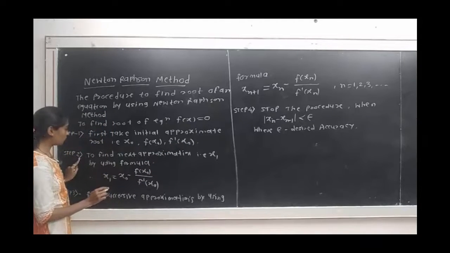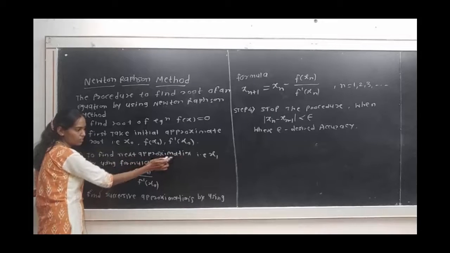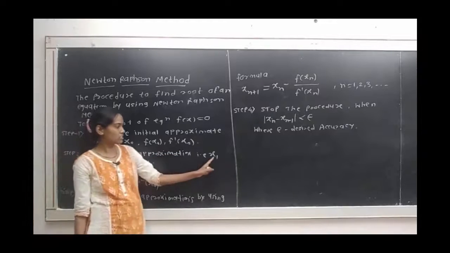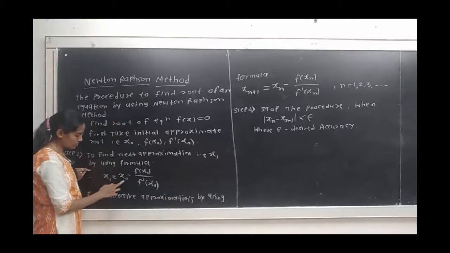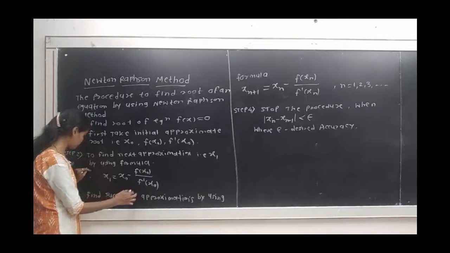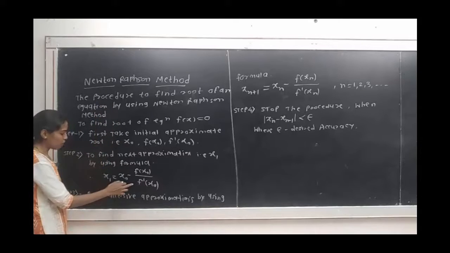Then step 2, to find the next approximate root, we take it as x1, by using the formula x1 is equal to x0 minus f of x0 divided by f dash of x0. This is the Newton-Raphson formula.